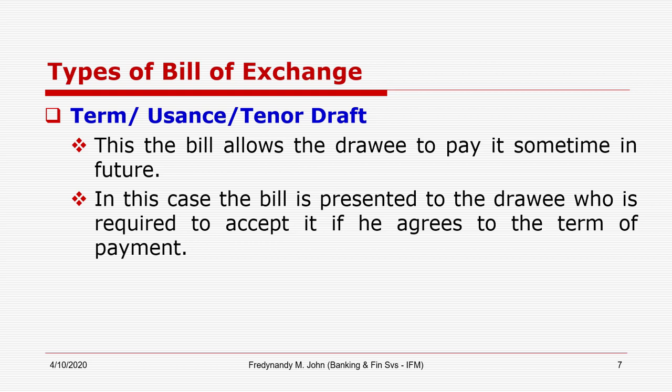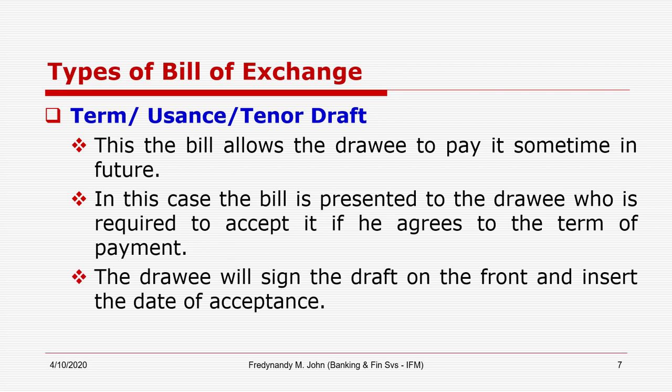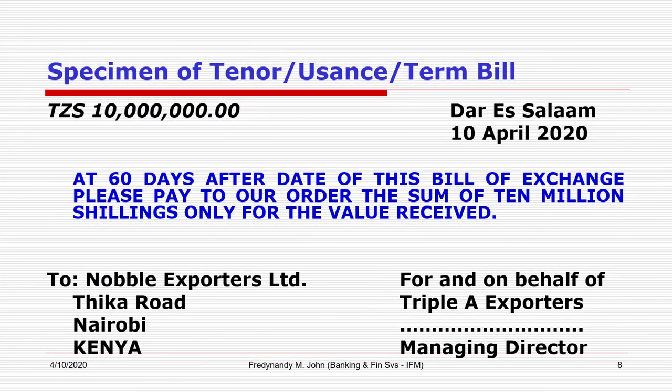In another way around, I can say this type of bill of exchange requires the drawee only to accept, not to make payments the moment this bill of exchange has been presented to him. Rather, to accept the bill and make payments at an agreed future date or at an agreed number of days. So, here is our example.